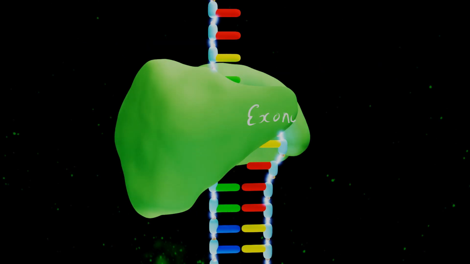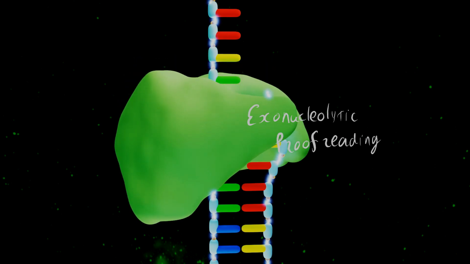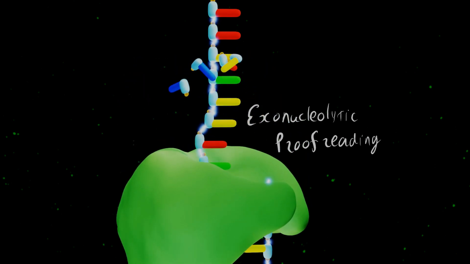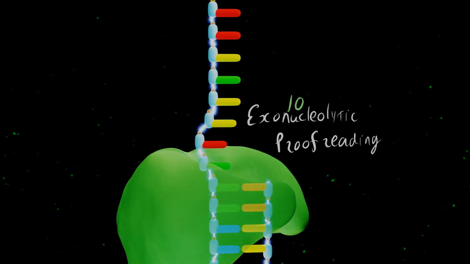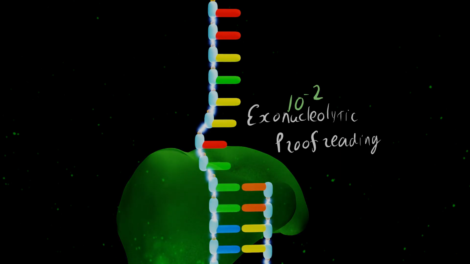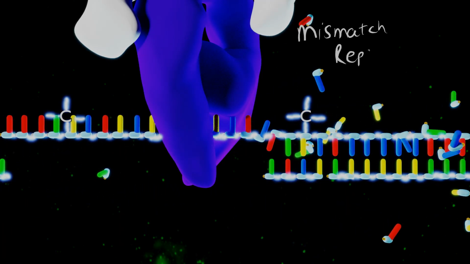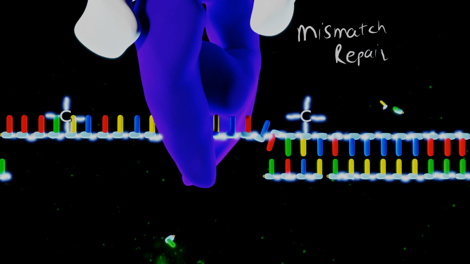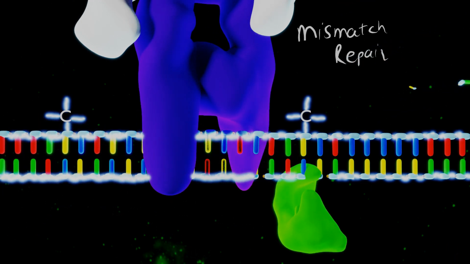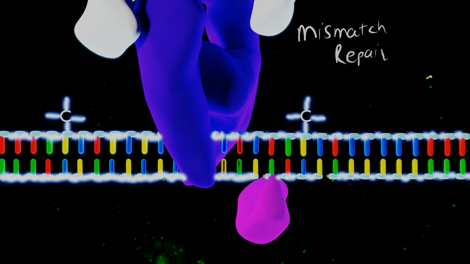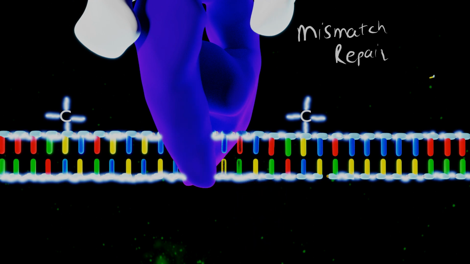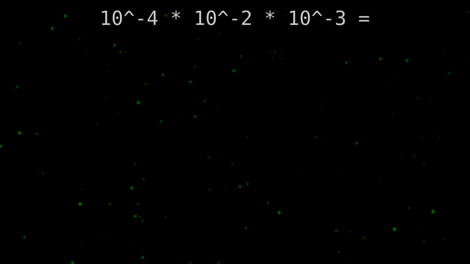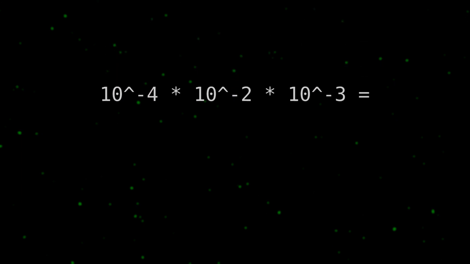Next, exonucleolytic proofreading, where DNA polymerase realizes it just made a mistake and then goes back to fix the mistake it made. This has an error rate of 1 in 100. Lastly, we have strand-directed mismatch repair, which is mostly done by proteins other than polymerase and can be seen as a final proofreading step before finalizing replication. This has an error rate of about 1 in 1,000, so all multiplied together brings us to an error rate of about 1 in a billion.